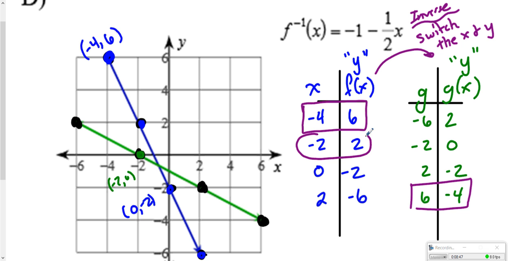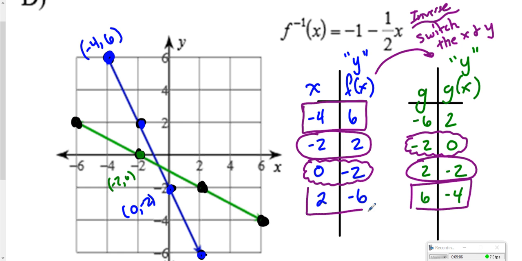The next coordinate down, the inverse of negative 2, 2 would be 2, negative 2. 0, negative 2, the inverse would be negative 2, 0. And 2, negative 6, the inverse, switching the x and y, would then give us negative 6 and 2. So the graphs are inverses of each other because the coordinates are flip-flopped.